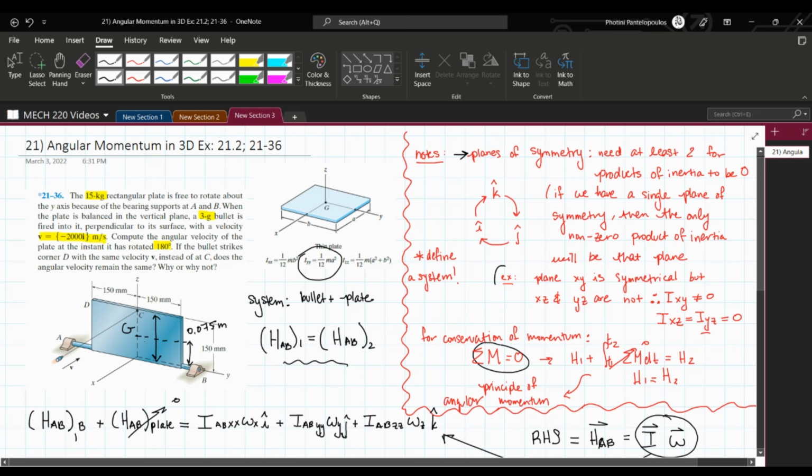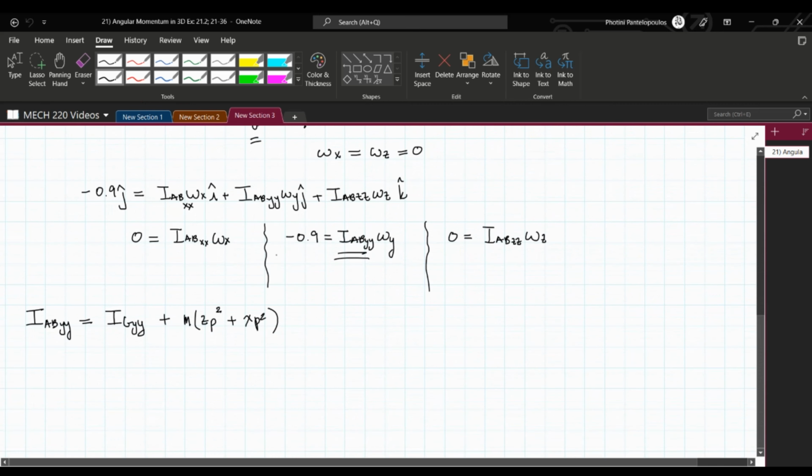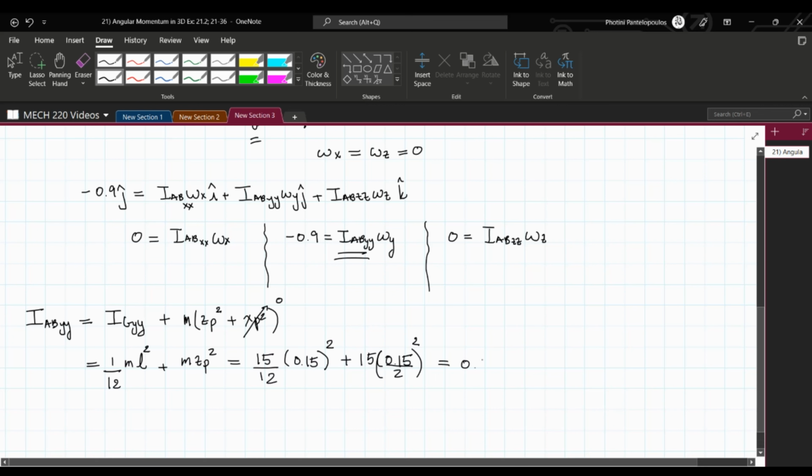So the distance between G and the bar AB is 0.075 in the k direction. So there's no motion in x, it's just z. So this will be 0.125 kilograms meter squared.